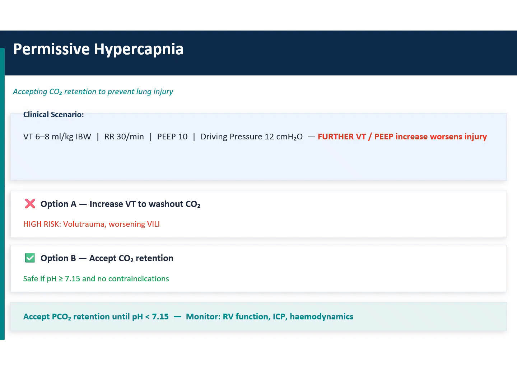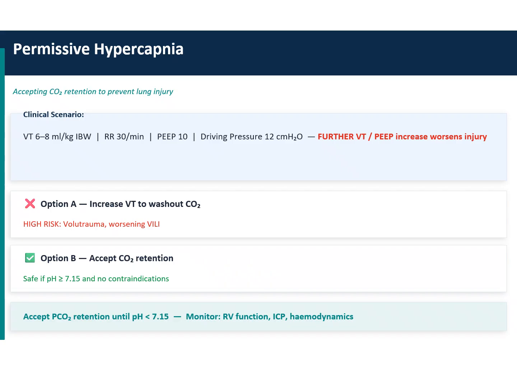But this is a concept which is again misapplied in the intensive care units, some intensive care units at least. When we are talking about permissive hypercapnia, by default you are saying that the lung compliance is so poor and it is not a recruitable lung. So these are the patients who will be hypoxemic, who will require very high FiO2 to maintain a PaO2 of at least 60.